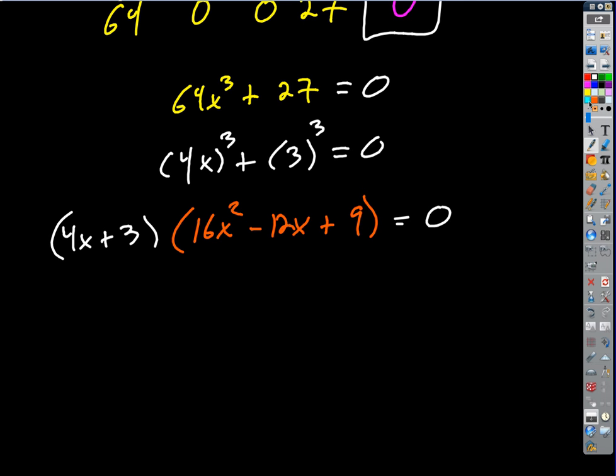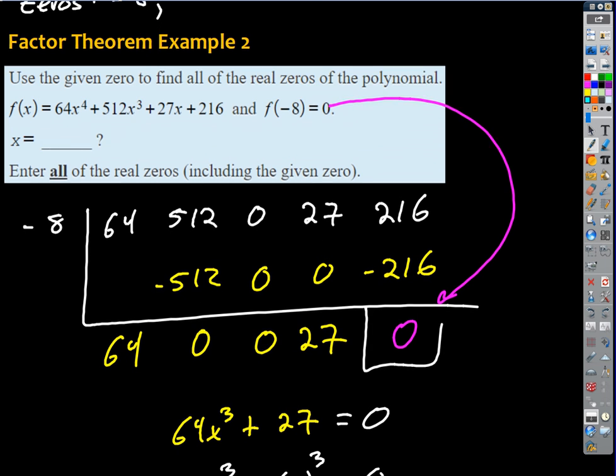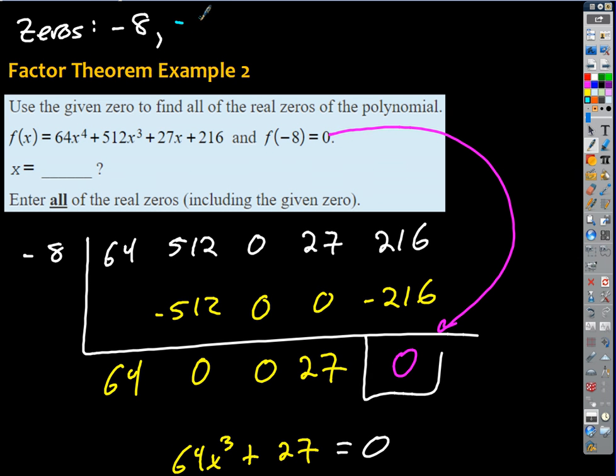Another 0. If I set this one equal to 0, what's the result? Negative 3/4. So I can add that to my list.